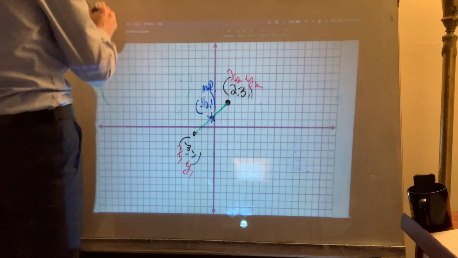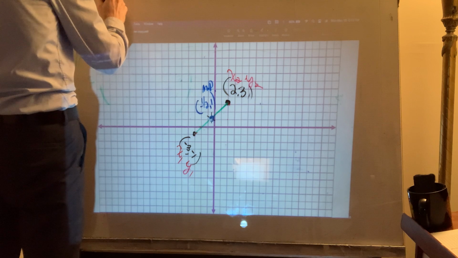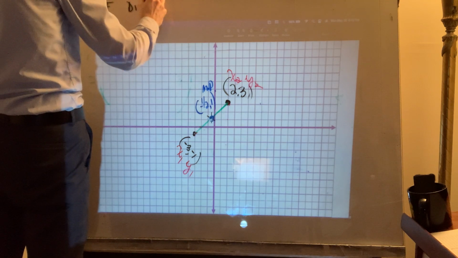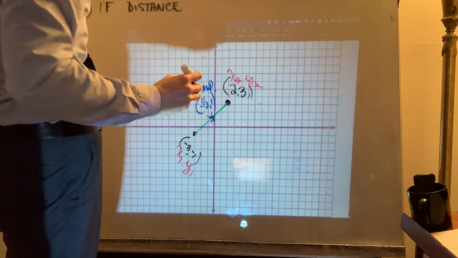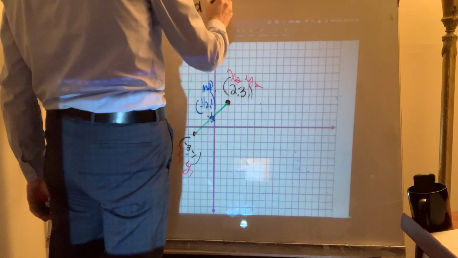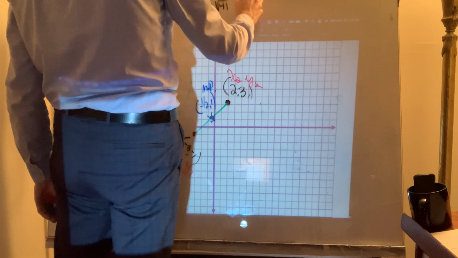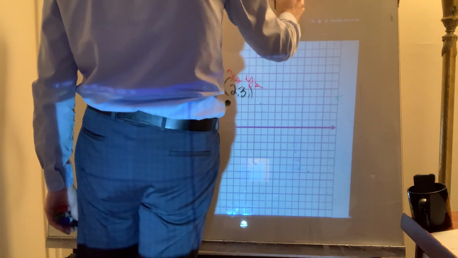Let's do this. If distance d equals the square root of 41 is coincidentally a diameter.